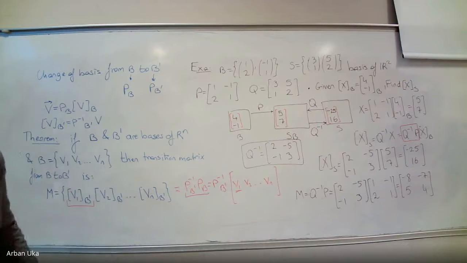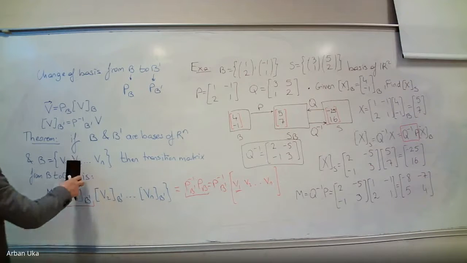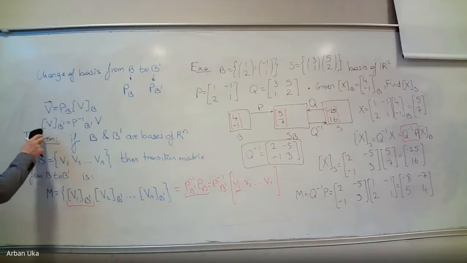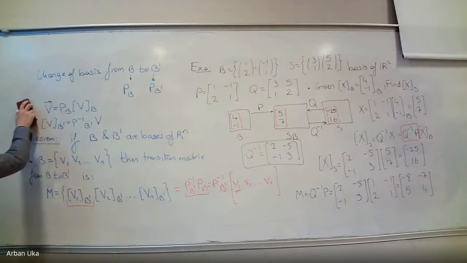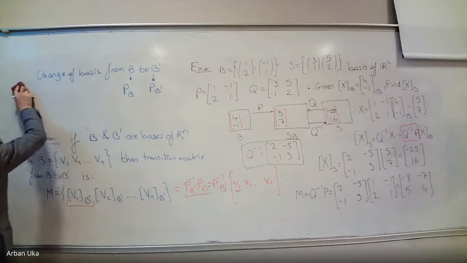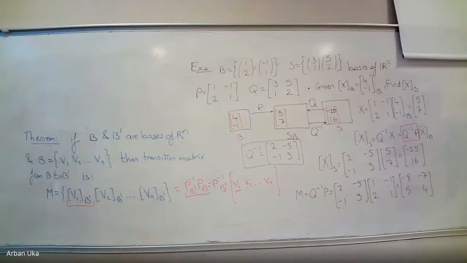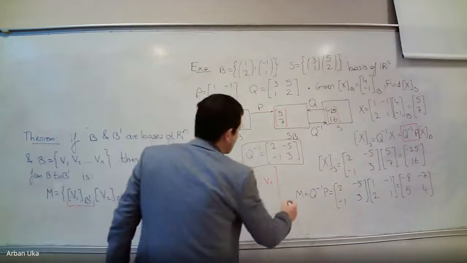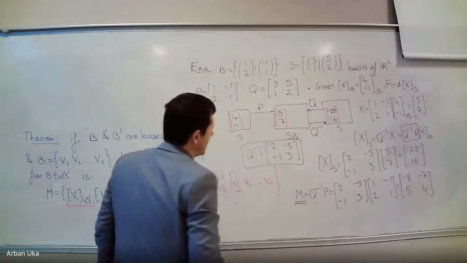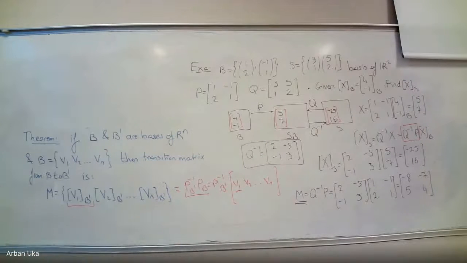Now, we can have a look in a little more detail at what this theorem is saying. Allow me to remove this for a moment, and let's try to see how we obtain this M. Now that I have it as a 2 by 2 matrix, it is relatively easier.